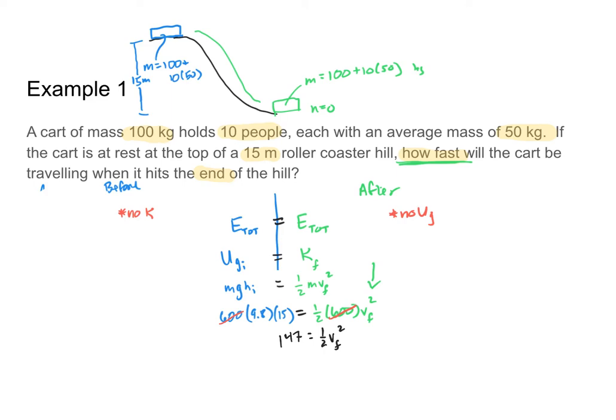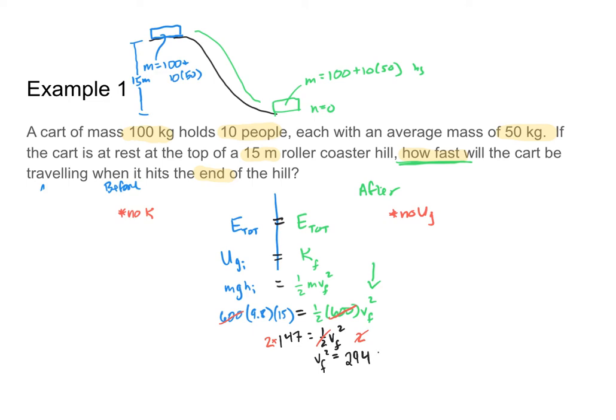Next, I want to multiply both sides of my equation by 2. It's going to cancel out my 1/2. And that's going to give me V final squared is equal to 294.